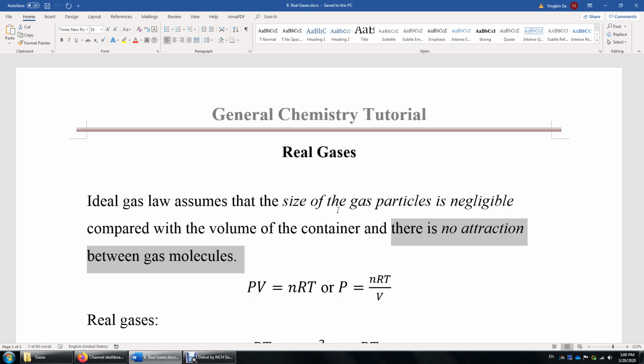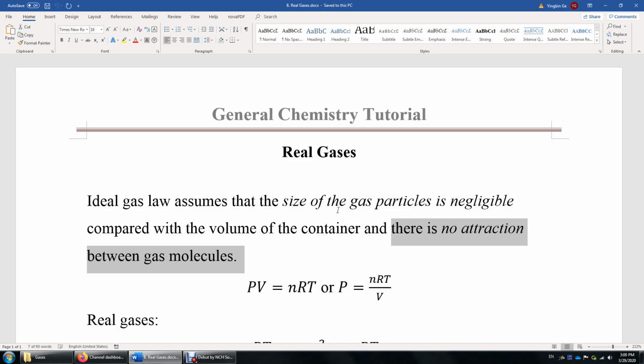How about the attraction between water molecules? Yes, it's significant in water liquid or ice. However, in the gas phase, water molecules are far from each other. The attraction between two water molecules decreases when the distance between the two molecules increases.